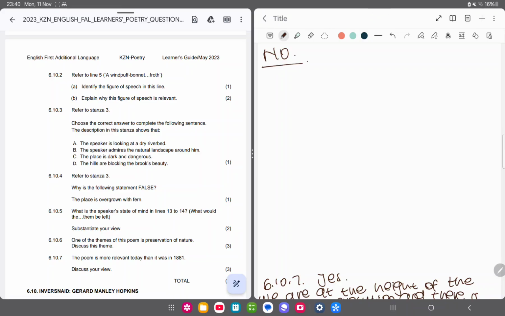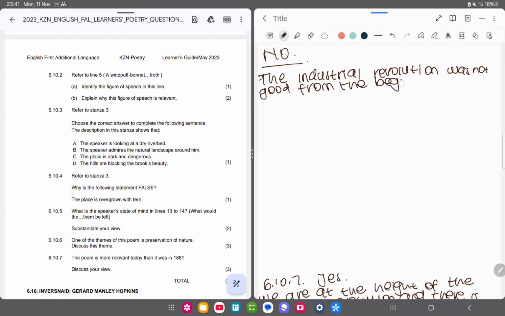Okay, so we can say that the Industrial Revolution, as it is having its natural impact, was not good from the beginning, even in the speaker's time.